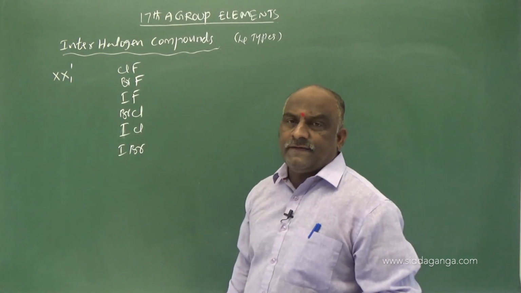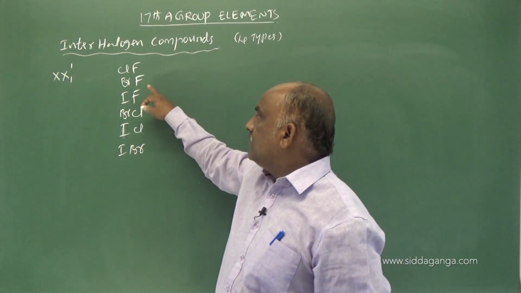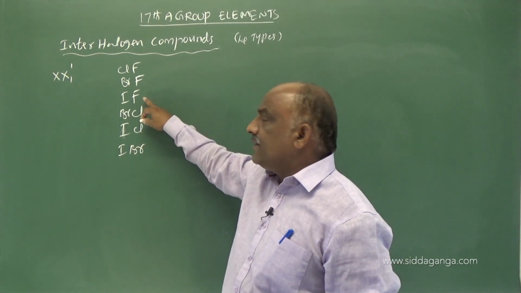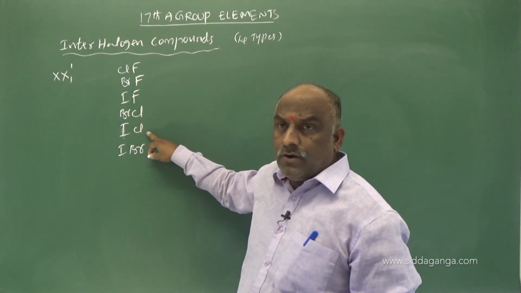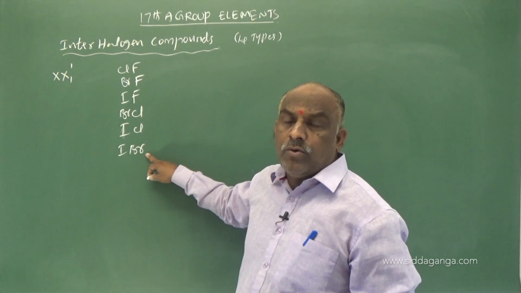These are monohalides: chlorine monofluoride, bromine monofluoride, iodine monofluoride, bromine monochloride, iodine monochloride and iodine monobromide.